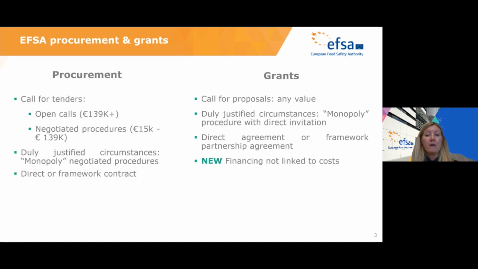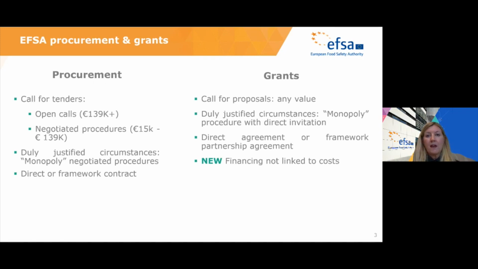Whereas the framework partnership agreement sets up a cooperation for a maximum 4-year period, in which, once signed, we will then place specific agreements each time we want some services to be performed.